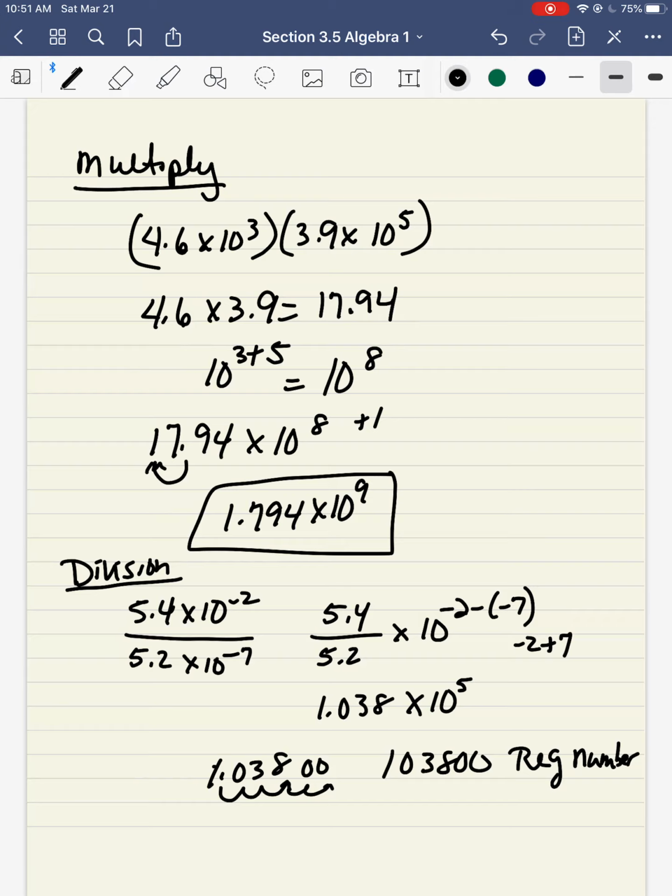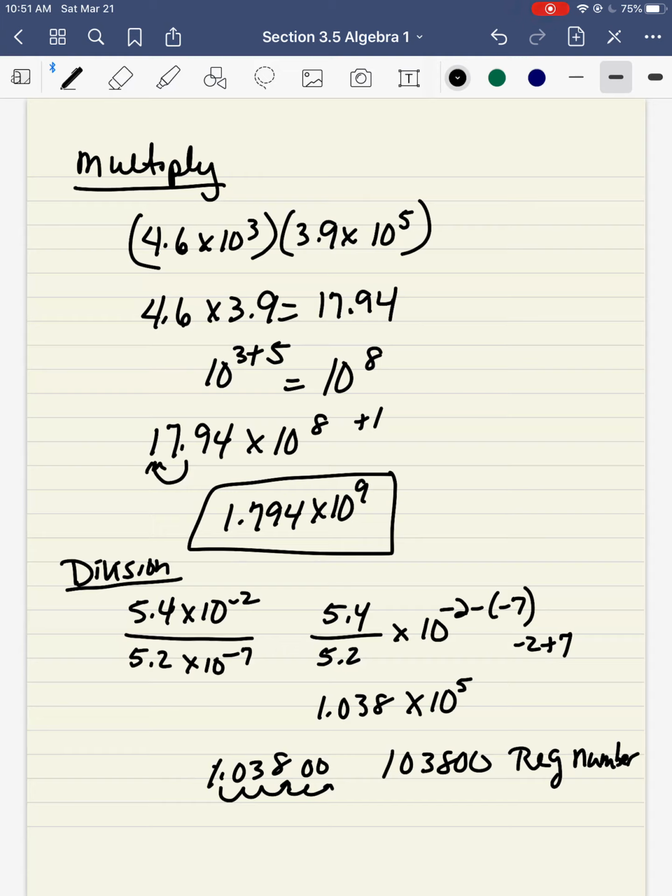So when I make the number smaller, I add 1 to the exponent, and it becomes 1.794 times 10 to the 9th. That's the correct answer. Even though 17.94 times 10 to the 8th is the correct answer, it's not in scientific notation. Scientific notation has to have one single decimal. The decimal point has to be in between the 2 first digits.